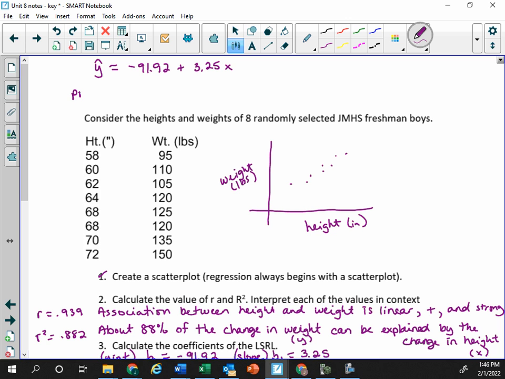Or we could say predicted weight, put pounds in parentheses, is negative 91.92 plus 3.25 times height in inches. When you're writing these, remember you're either going to want to write it with the words, or somewhere off to the side you can define what the symbols are and then just use the symbols.